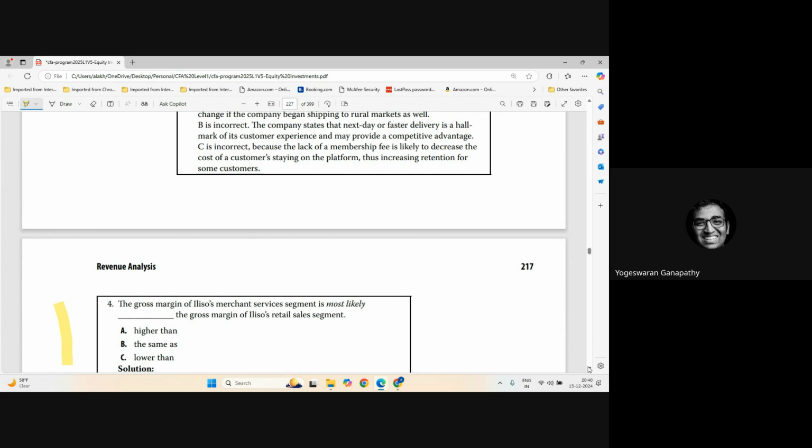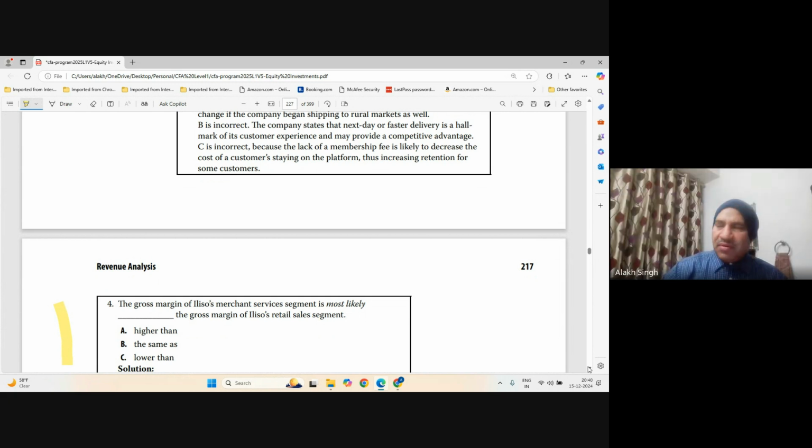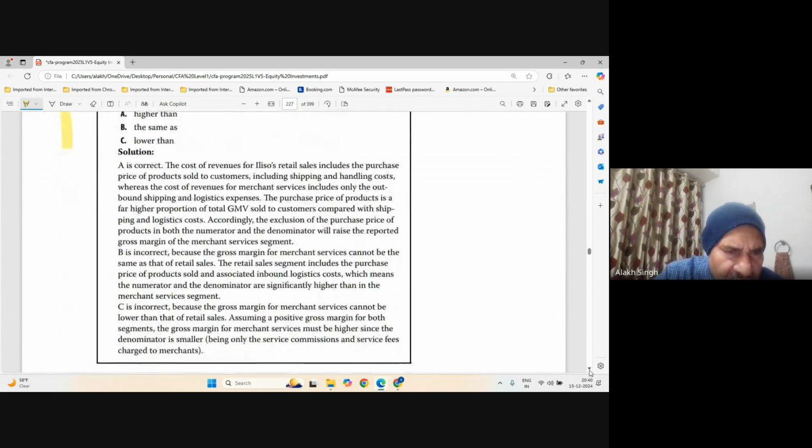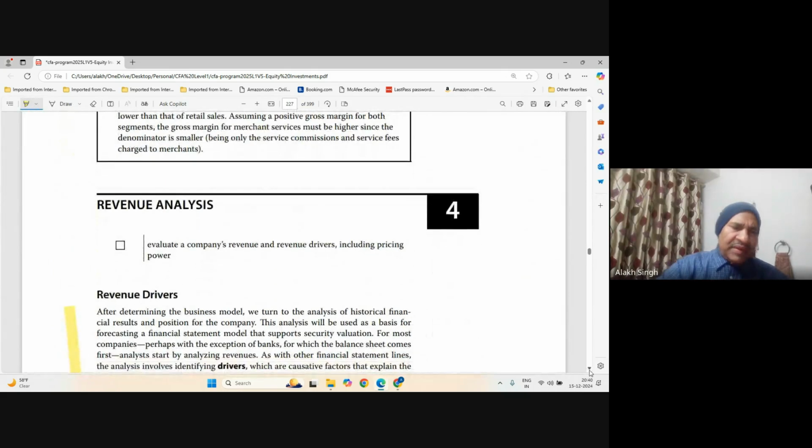Sir, merchant services should be highest. Very good, because there is no cost involved. It is taking only commission, so no cost of storing goods, no cost of selling goods, and SG&A is a small part. So that way it will have a high margin. That is correct.